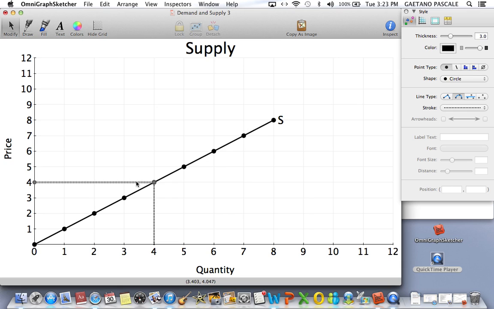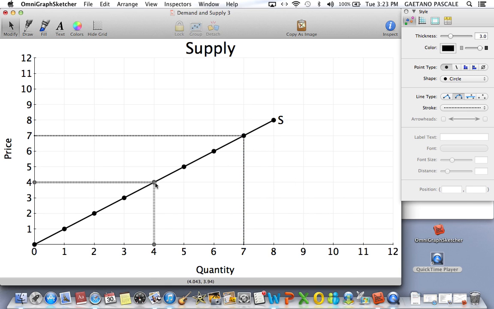So at a price of 4, quantity supplied is equal to 4. If I raise the price, let's say to 7, the quantity supplied increases to 7.